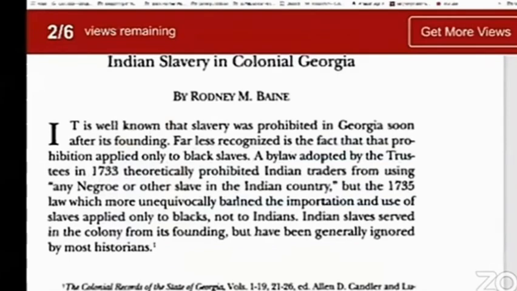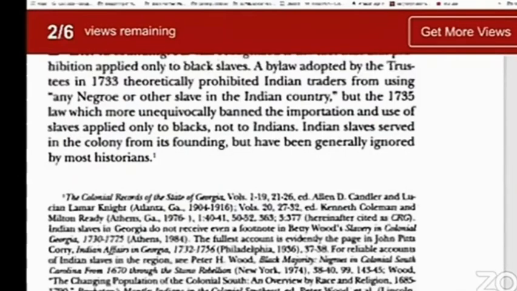Far less recognized is the fact that the prohibition applied only to black slaves, so-called black.